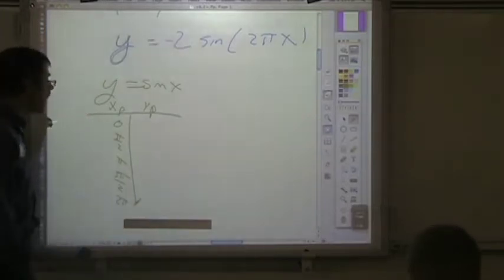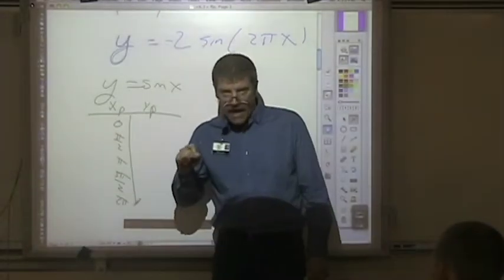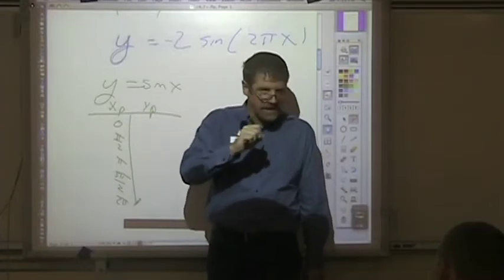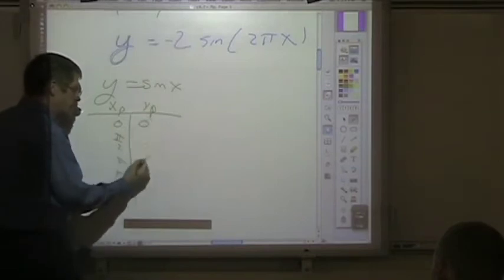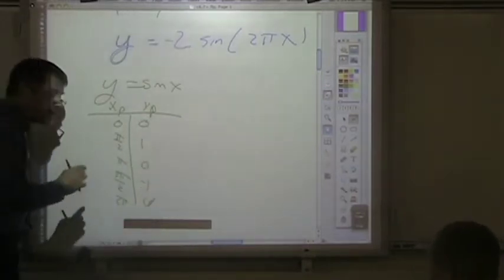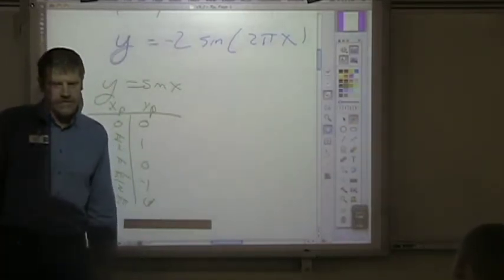The y parent values, remember sine goes I mid max, D mid min. So we started in I mid, or 0. We go 0, 1, 0, -1, 0. Those are the key points on the graph of the parent function.